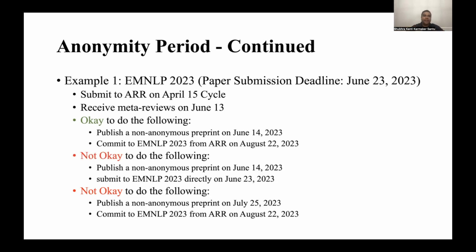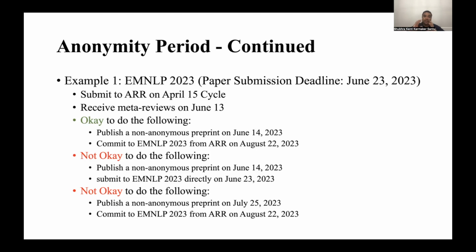Okay, let's consider another example. It is still the EMNLP 2023 paper submission deadline of June 23rd. And let's assume the authors now submit to ARR on the April 15th cycle. And then they receive their meta review within 2 months, let's say on June 13.